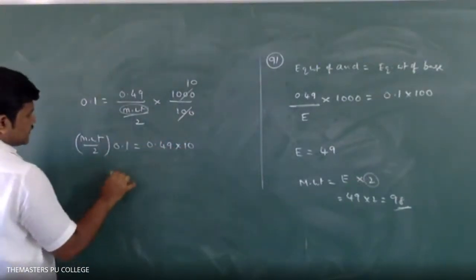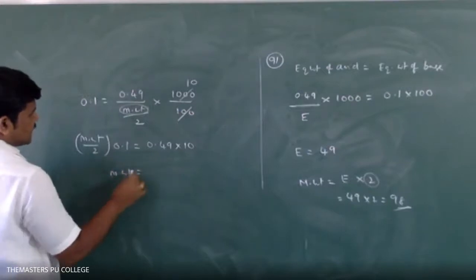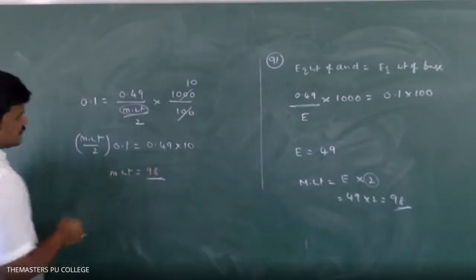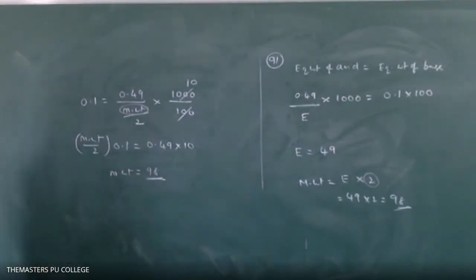So molecular weight is equal to 98. Like this also we will get it. You can apply any one of the methods, using the formula: equivalent weight of acid is equal to equivalent weight of base.